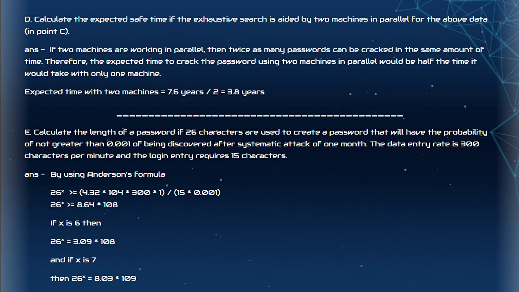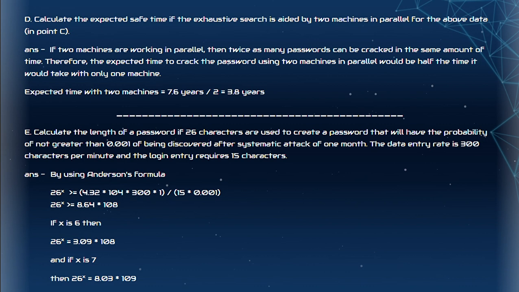Question number E. Calculate the length of a password if 26 characters are used to create a password that will have a probability of greater than 0.001 of being discovered after a systematic attack of 1 month. The data entry rate is 300 characters per minute and the login entry requires 15 characters. So the answer is by using the Anderson formula: 26 raised to the power X is greater than or equal to 4.32 into 10^4 into 300 into 1, whole divided by 15 into 0.001.